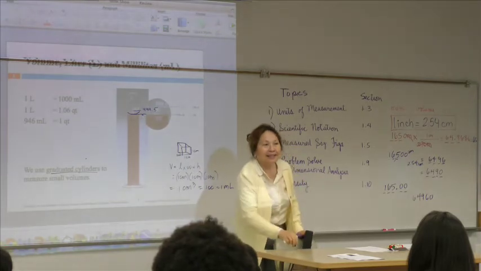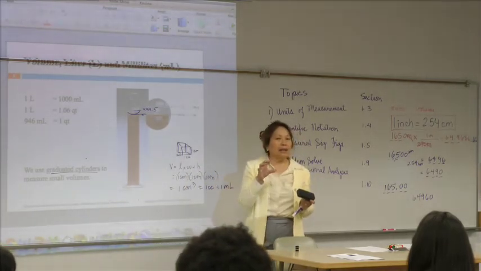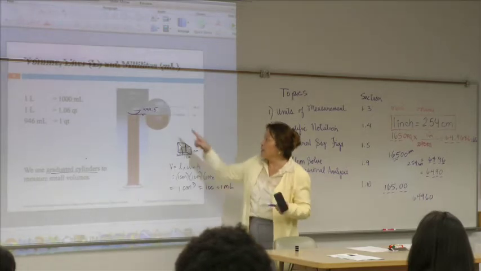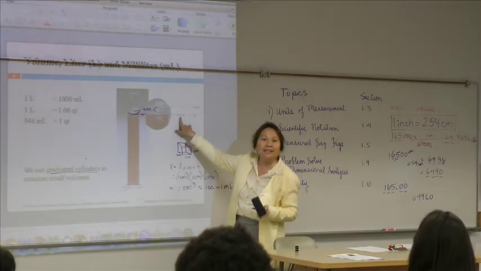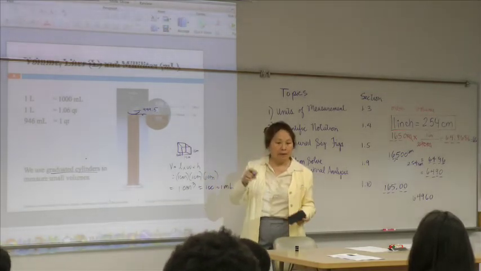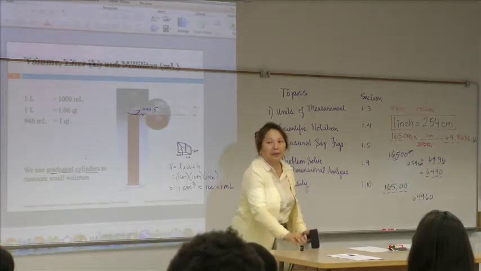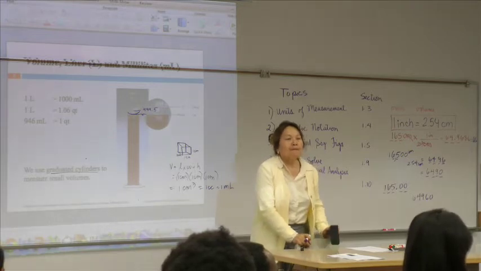You will subtract. It's called determining the volume by water displacement. So you will subtract 999.5 minus 946, and that will be the volume of this one. Would it be the volume or the weight?